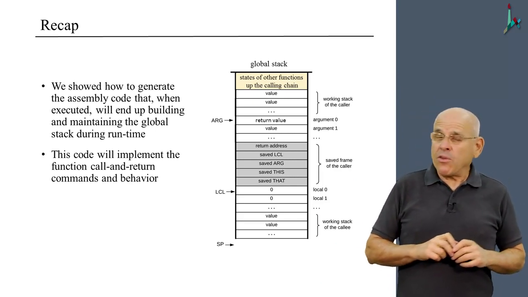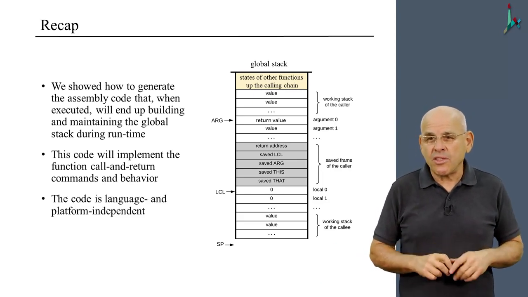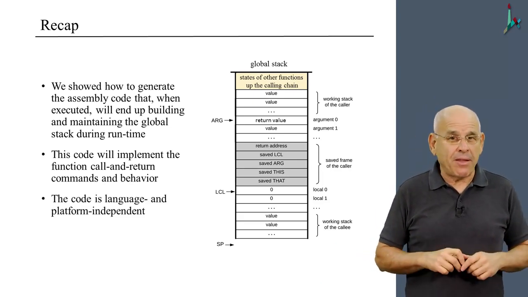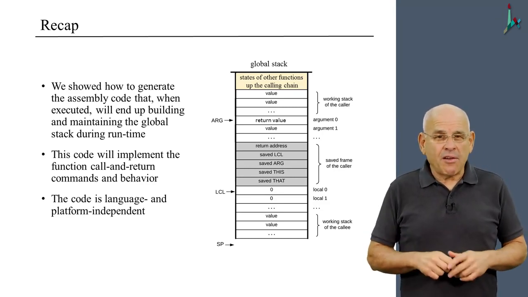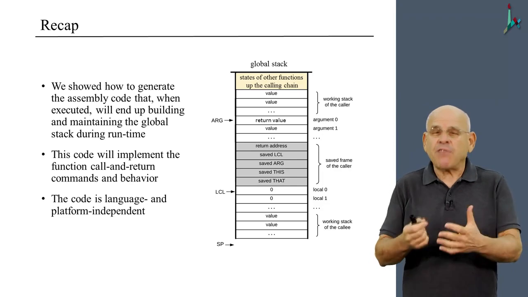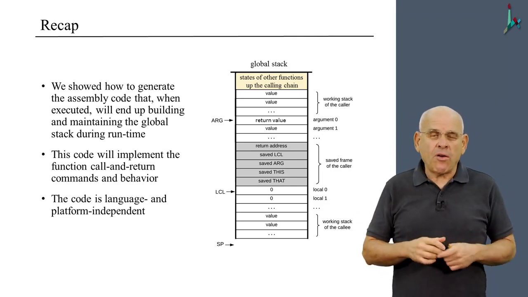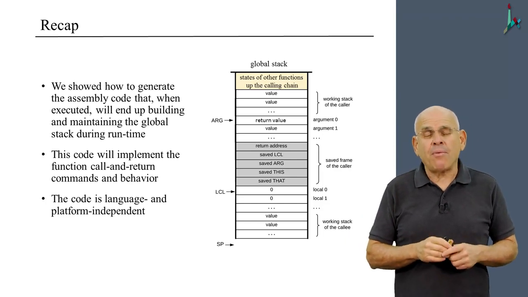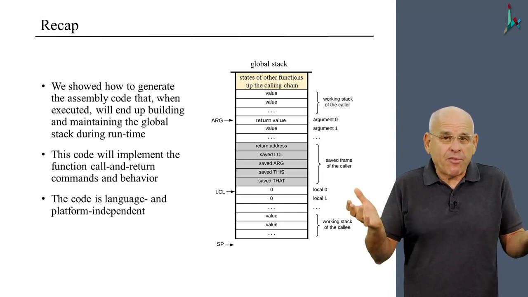And the last comment that I want to make, which I think is interesting, is that the code that I showed you is completely language and platform independent. So you don't even have to commit yourself to the Hack platform. The specification that I gave you here is actually a specification on how to implement the VM, our VM language, on any given target platform.